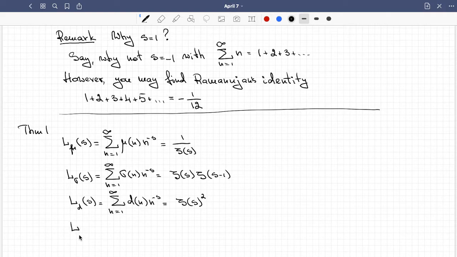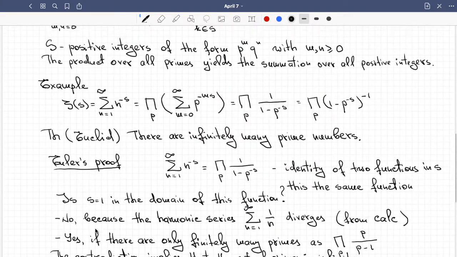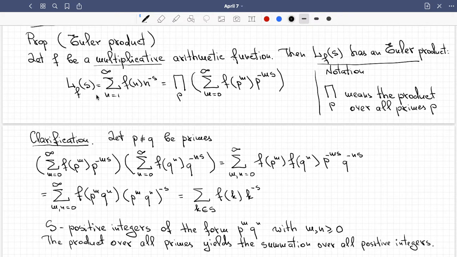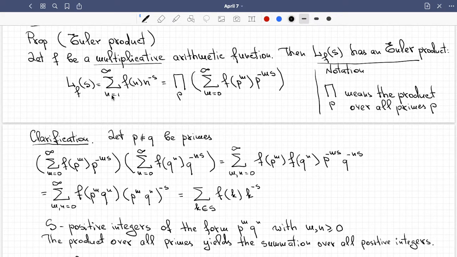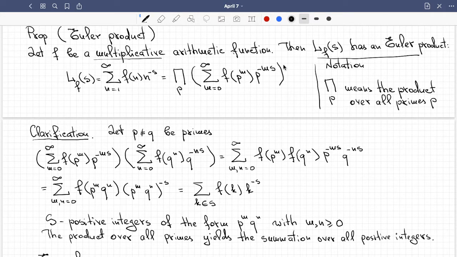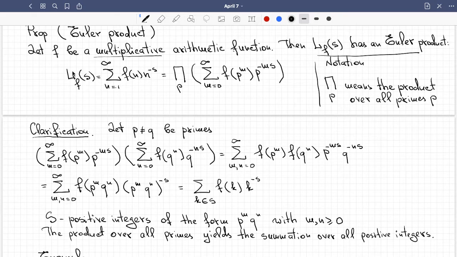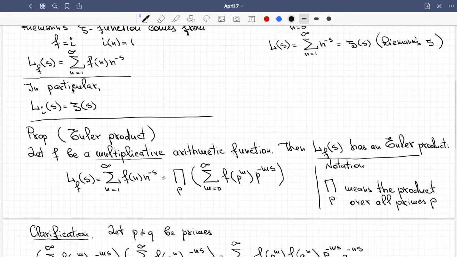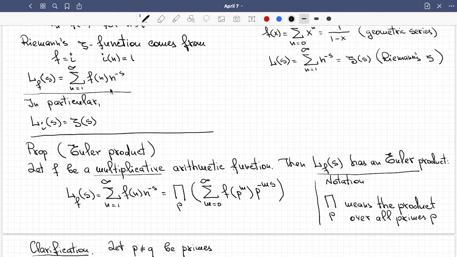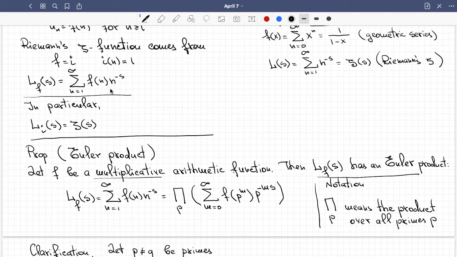Finally, L phi of s. So we have the definition of L f for an arithmetic function f. We take various f and see that every time what we produce, this L f, is not far away from the simplest function.